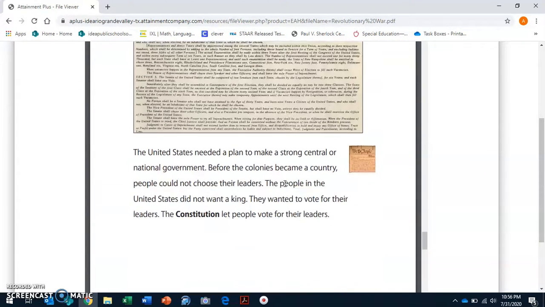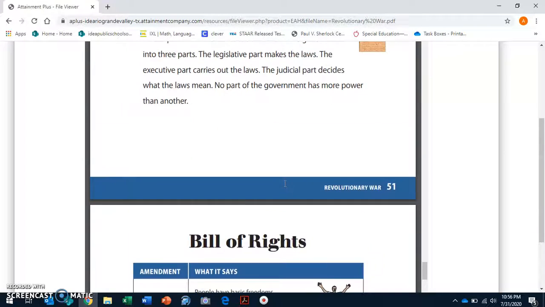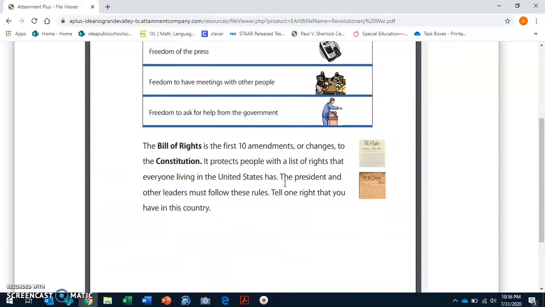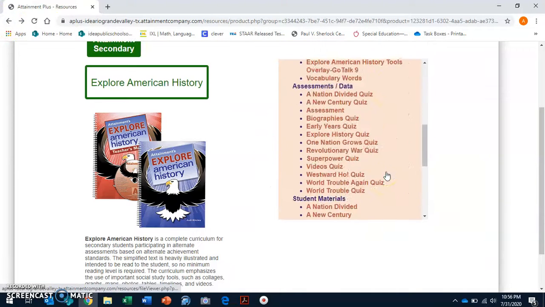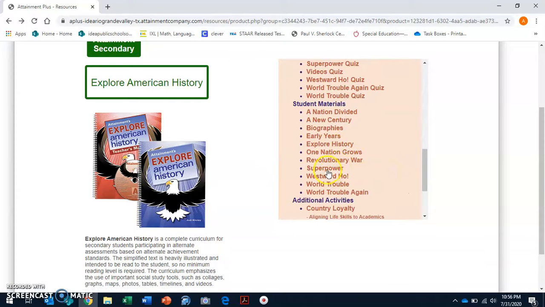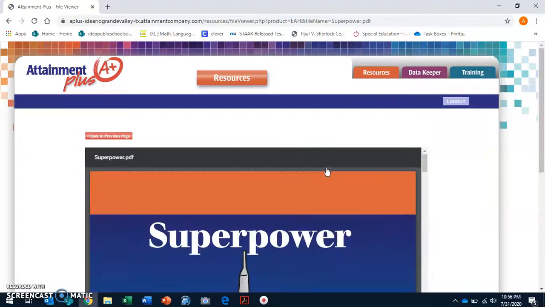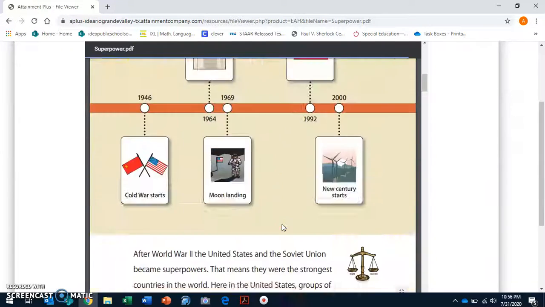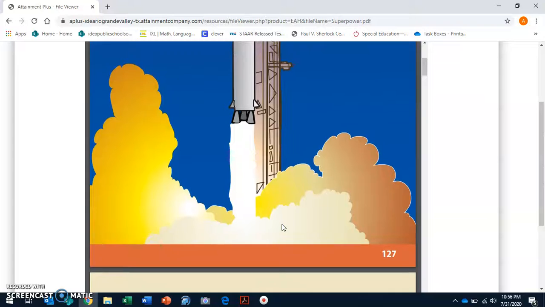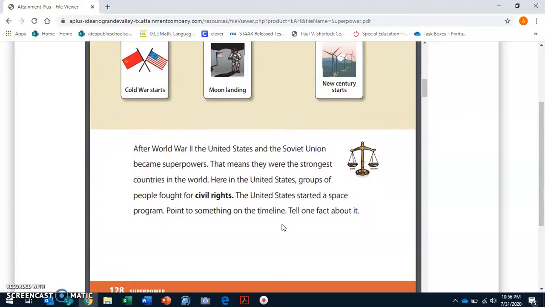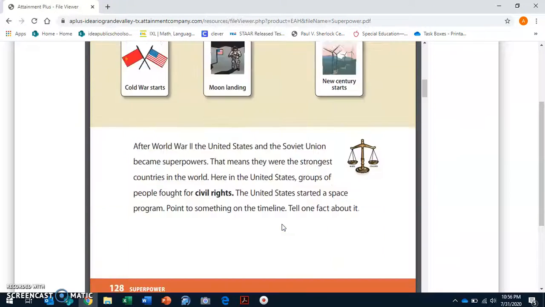And then you would go on to the next one for Constitution, the 3 branches, the Bill of Rights. And once you're done here, that is not enough for the 4 weeks. You know that you're going to continue onto superpower, and that's the way you would go. Sometimes like here, this it would be super war.